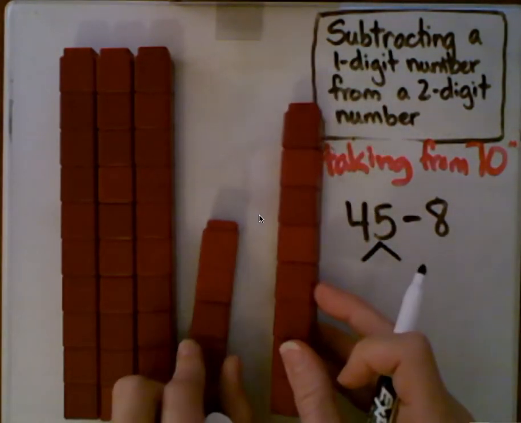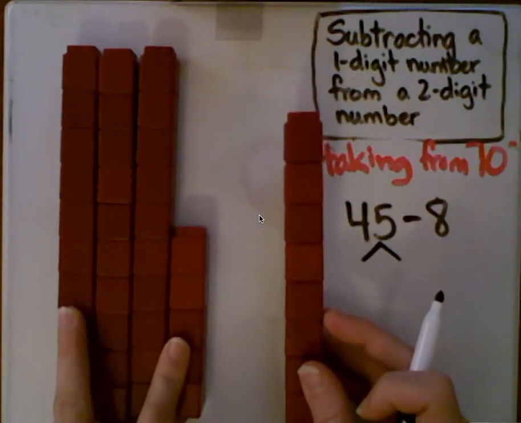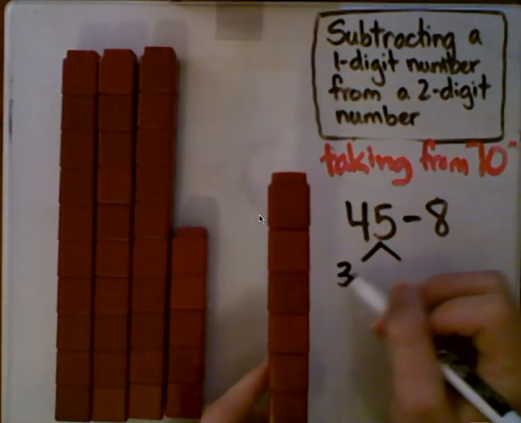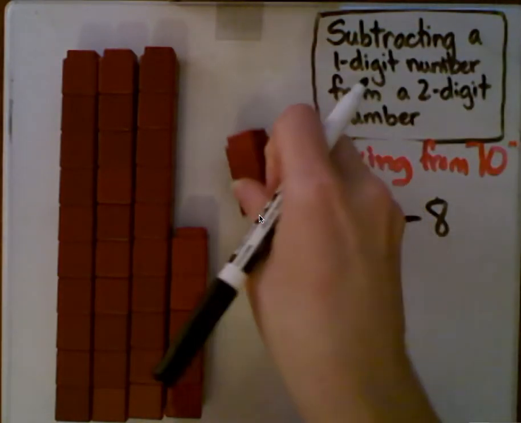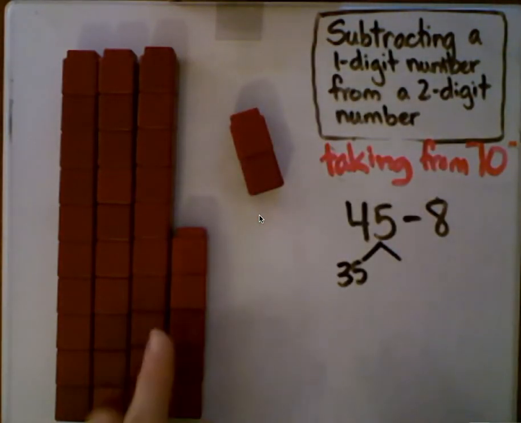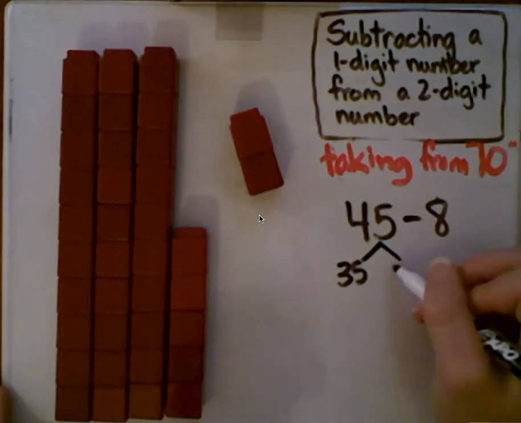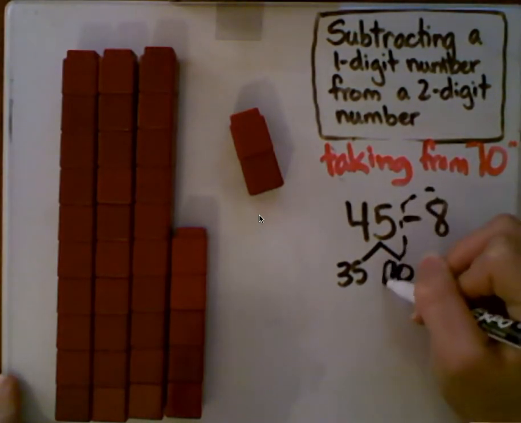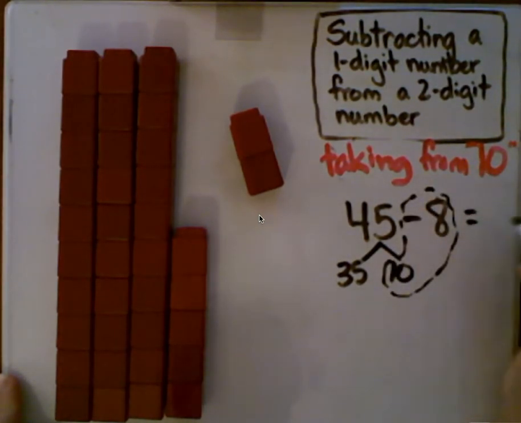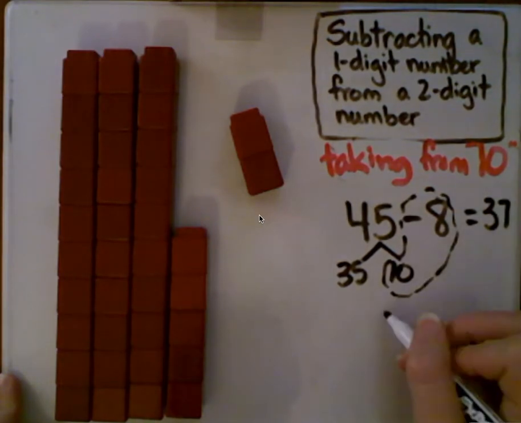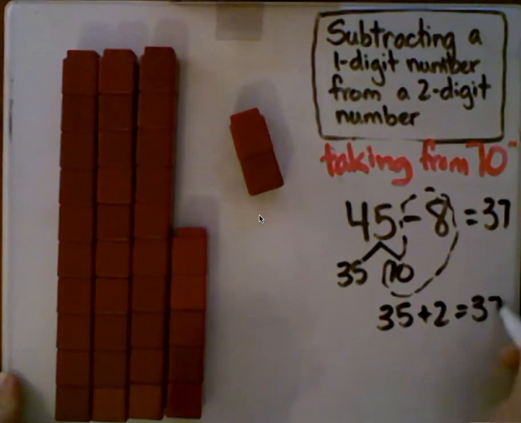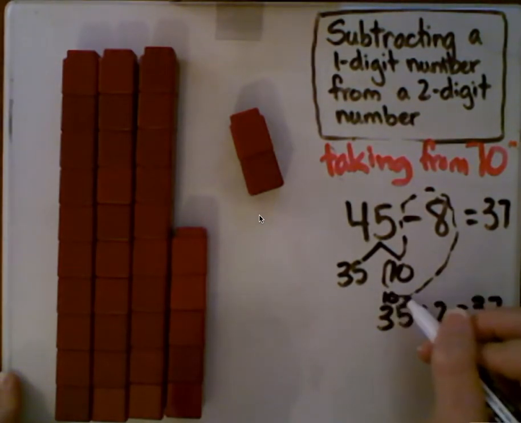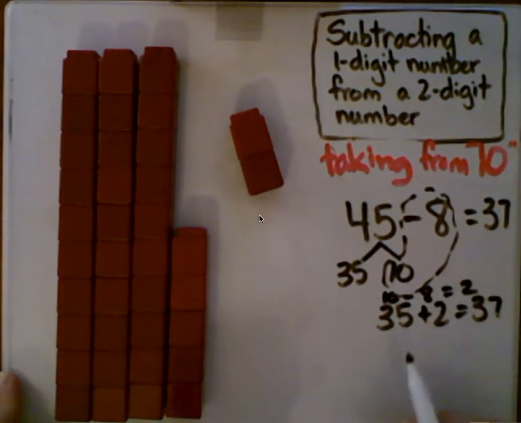So if I wanted to just answer this, I see that I have 35, and I took out this 8, so I have 35 plus 2 is 37. Because I did 10 minus 8 equals 2, and then added that back.